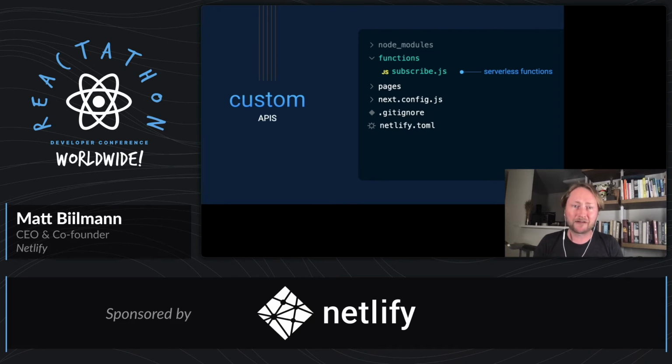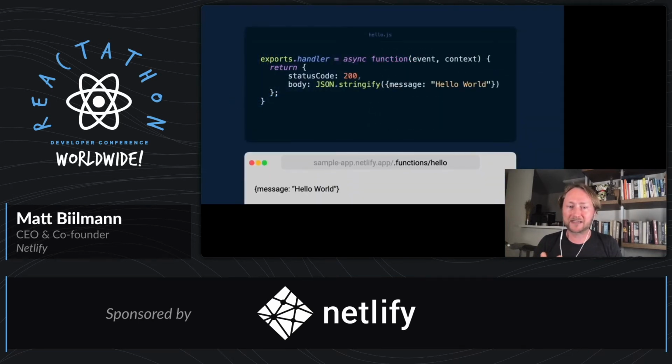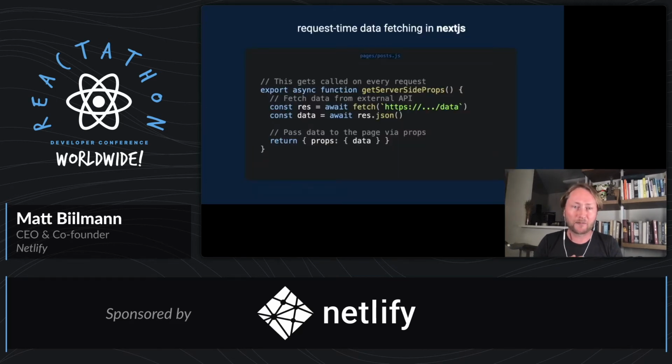At Netlify, we've embraced this serverless paradigm in terms of serverless functions, where you can just add a functions folder to your repository, and every file there will be set up with routing based on conventions. So in this example, we just have a hello.js that'll automatically respond under .netlify/functions/hello.